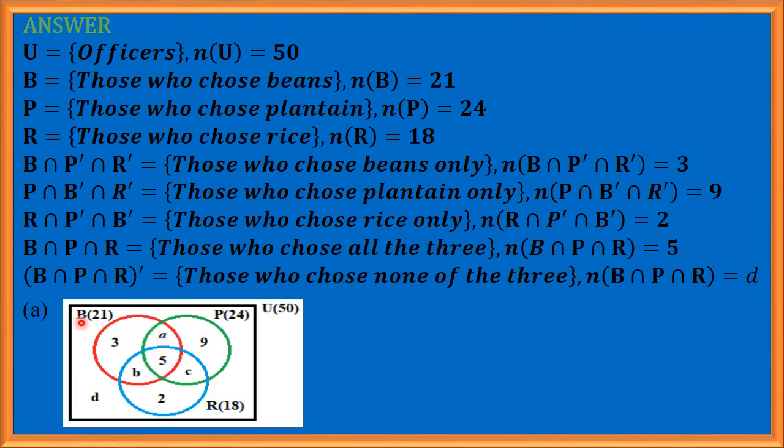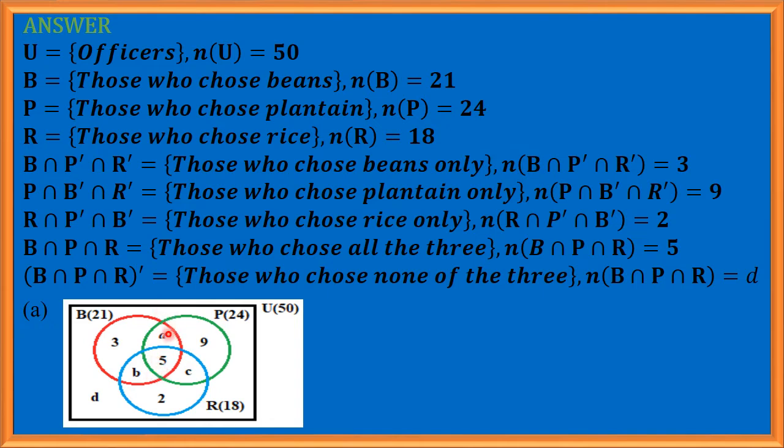So we have here beans to be 21, plantain to be 24, rice to be 18. Then beans only 3 here. Then we have plantain only 9. We have rice only 2. Then 5 chose all the 3 kinds of food, so we have 5 here.